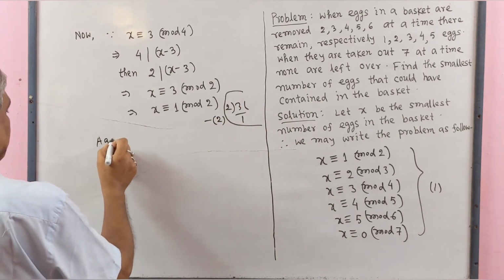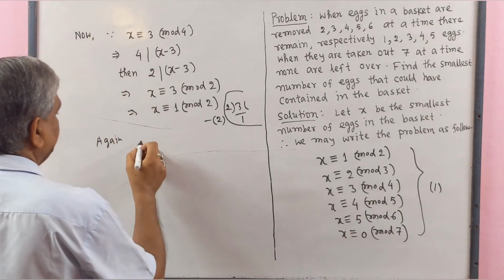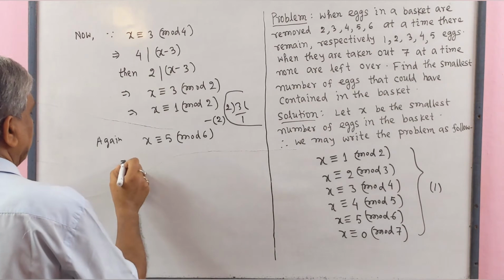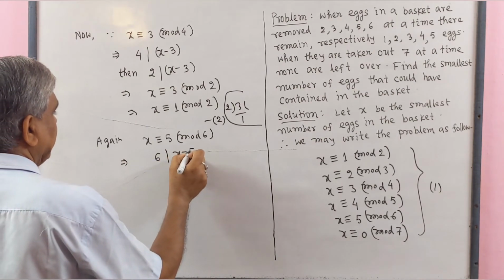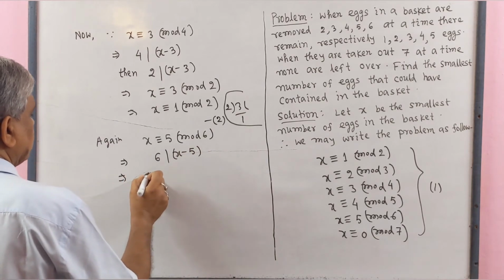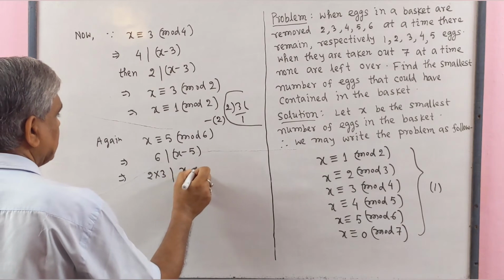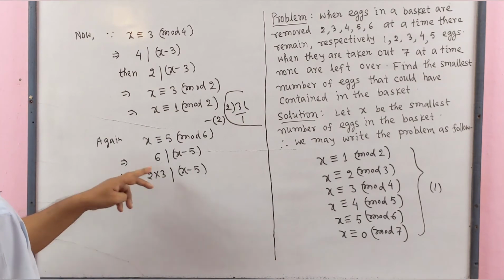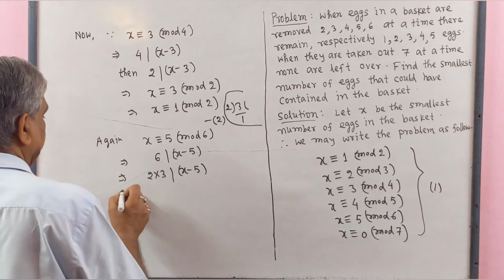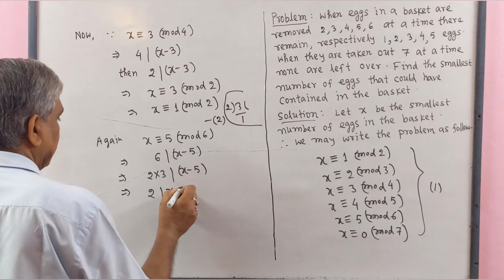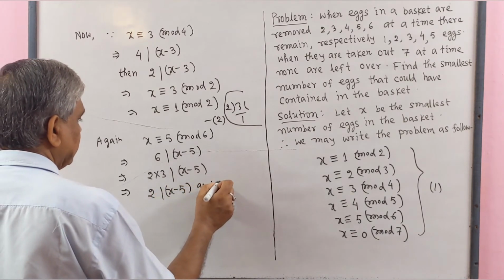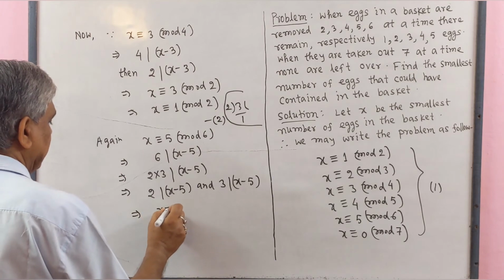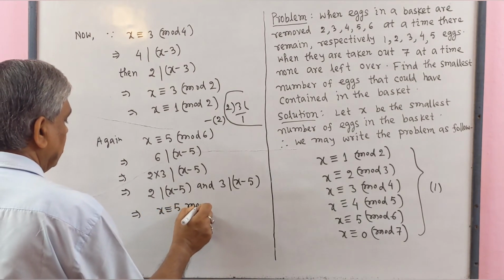Again, here x is congruent to 5 modulo 6 implies that 6 divides x minus 5, implies that 2 multiplied by 3 divides x minus 5. 2 and 3 are relatively prime and also prime numbers, implies that 2 divides x minus 5 and 3 divides x minus 5, implies that x is congruent to 5 modulo 2.